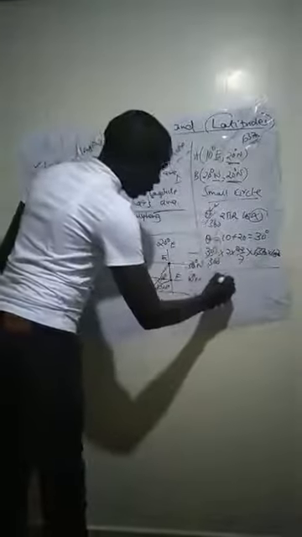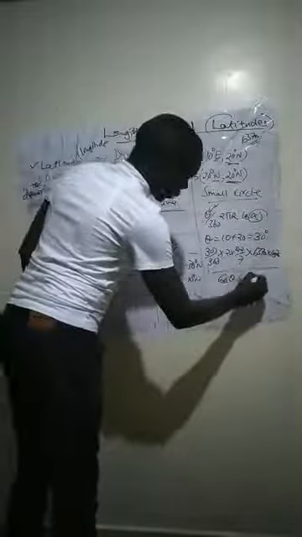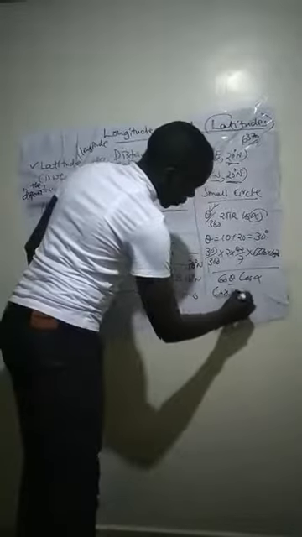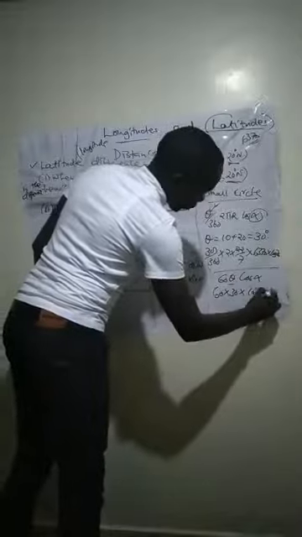You just get the answer. If you're told to find that distance in nautical miles along a small circle, that will be 60 beta cos alpha. You already have beta as the longitude difference. So that is going to be 60 times beta, which is 30, times cos alpha, which is 20. You get the answer in nautical miles.